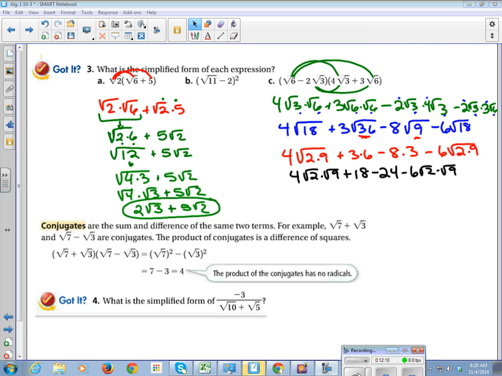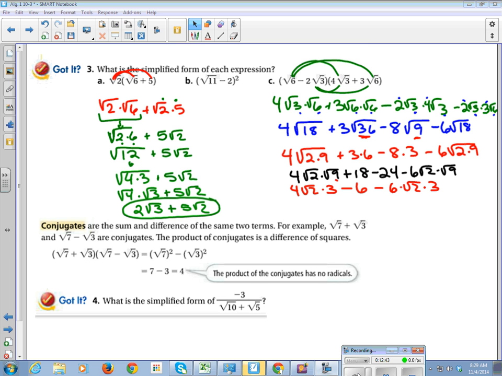This is 4 root 2 times 3, because square root of 9 is 3, plus 18 minus 24 is a minus 6. Because 24 minus 18 is 6, and since 24 is the negative one, 6 gets to be negative. This is 6 times root 2 times 3.